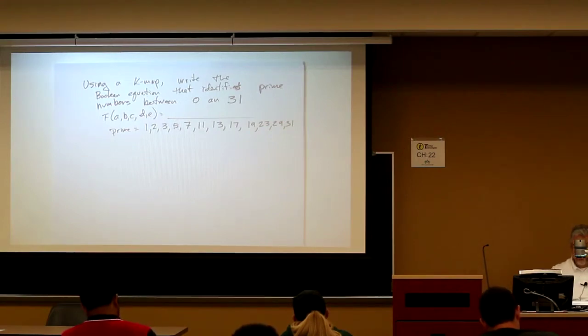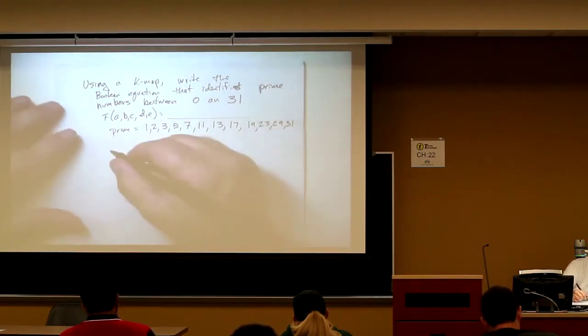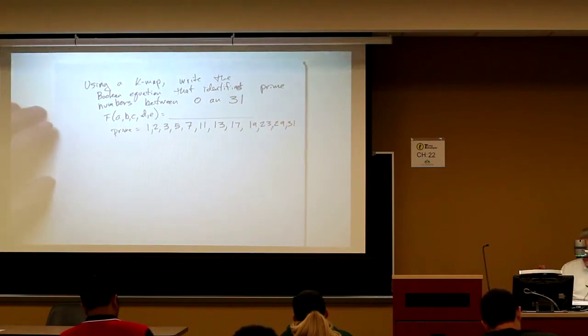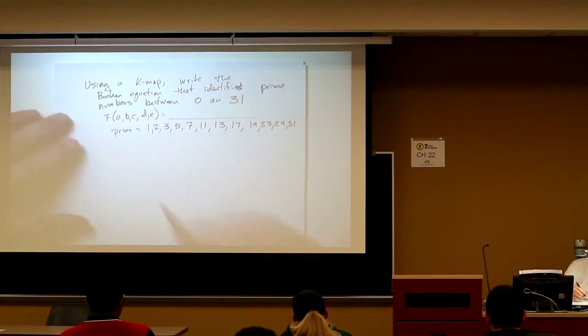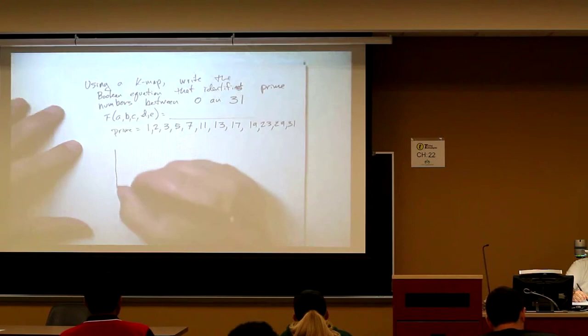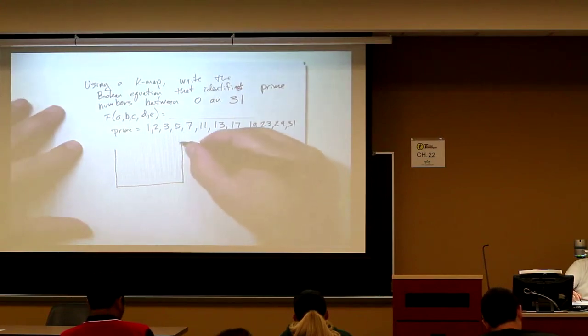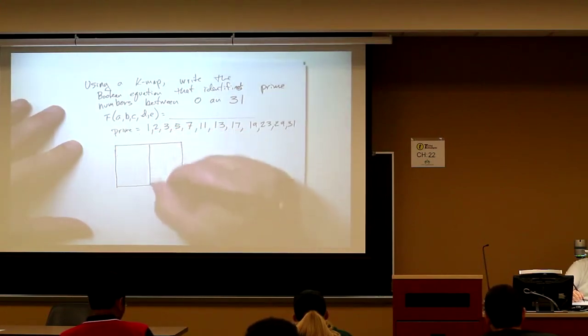Right? So now the next step is to do a K-map. Have we done a really big K-map before? Oh, so that's why you were probably a little bit afraid of it, all right? So here, this will take care of 16, right?